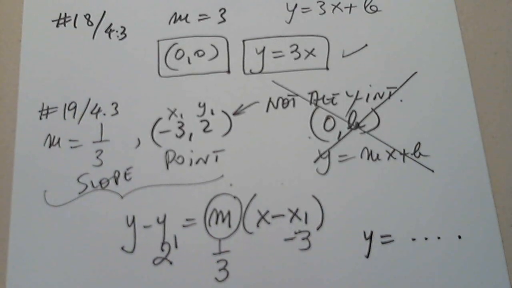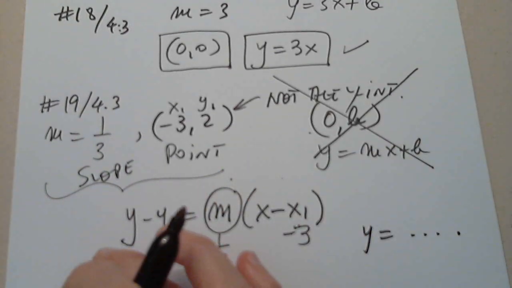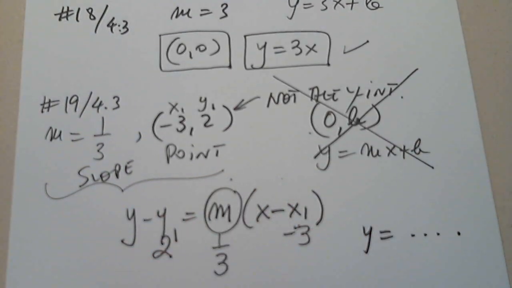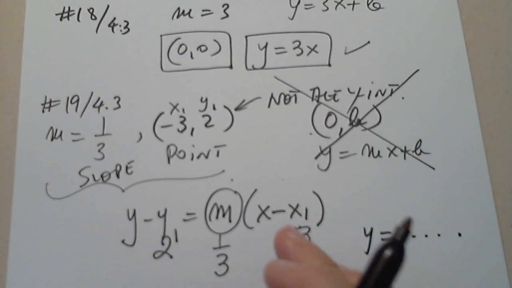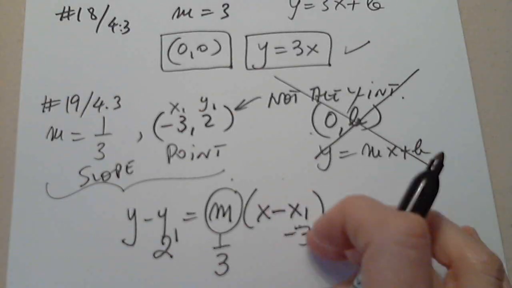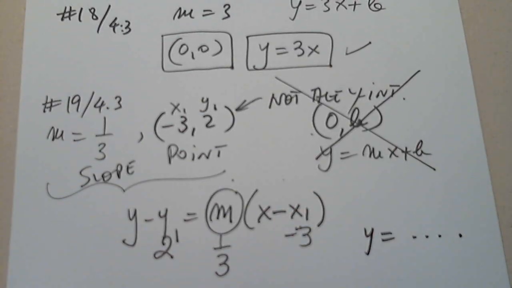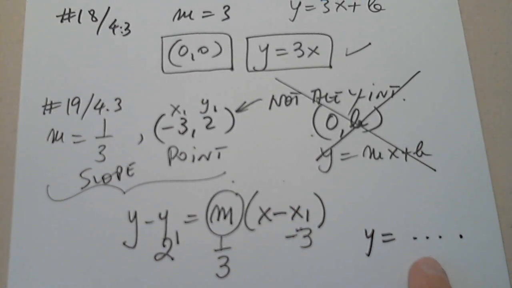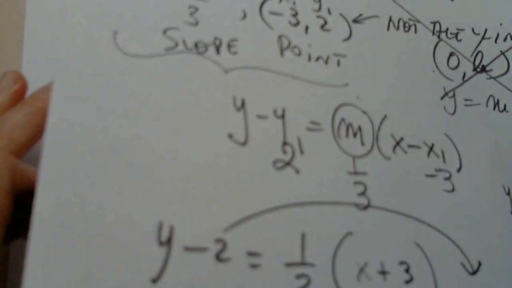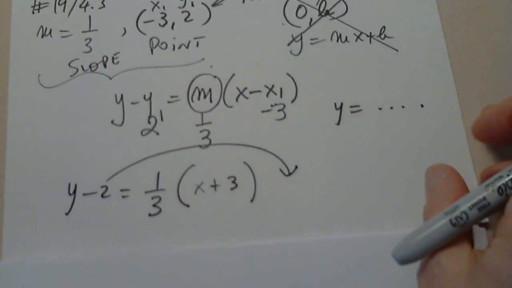Let's do that. Now I'm going to rewrite the whole thing. Y minus 2 equals, in front, 1/3, and in parentheses, x minus minus 3 will be x plus 3. I still haven't solved for y. I will distribute and then add 2 to both sides, or in other words, move -2 to the other side.